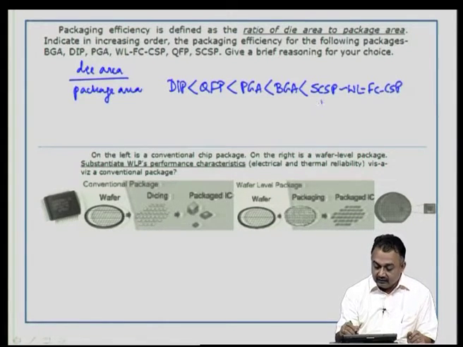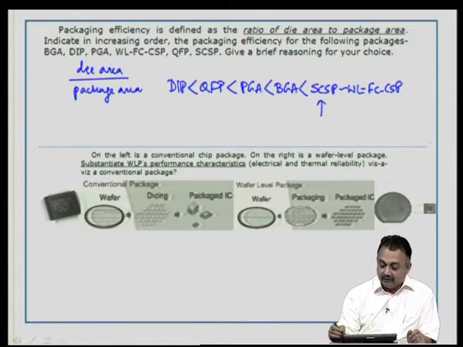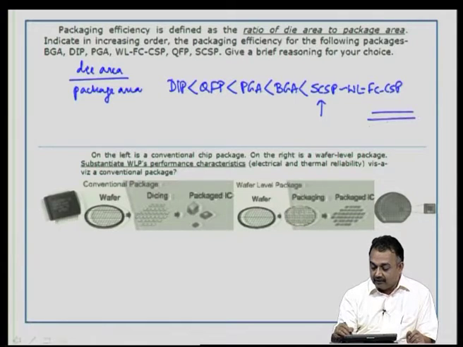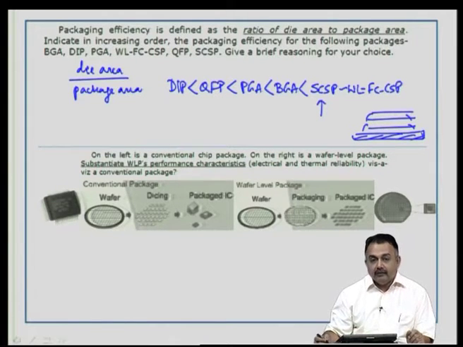A stacked chip size package will probably have the highest packaging efficiency, because we are packaging them and interconnecting them onto a common substrate. So, if you look at the package name, you must be able to identify with the package efficiency.